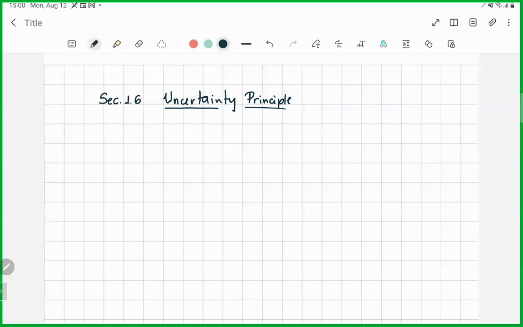Suppose you have a rope and you are at the edge of this rope and you start oscillating. So you create some wave, okay? And which kind of information can we get about this wave? If we ask, where is the position of this wave?